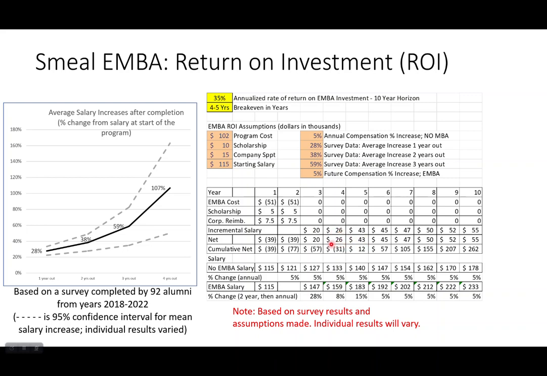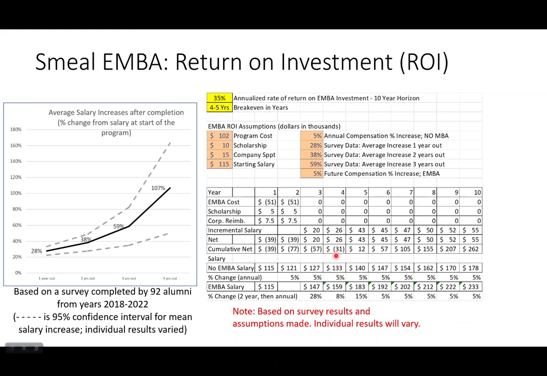On the cumulative cash flows, you are down 77 at the end of year 2. Now you're down 57. Year 4, you're down 31, and then you break even between the 4th and the 5th year. So the first thing we can calculate based on our historical data is that our graduates, based on these model assumptions, broke even in about 4.5 years.